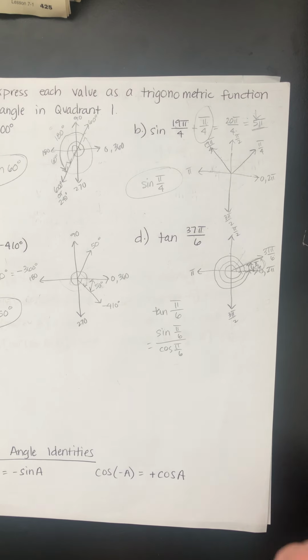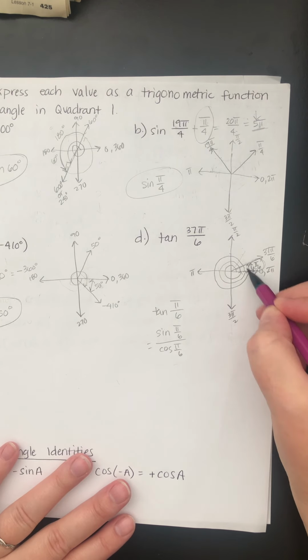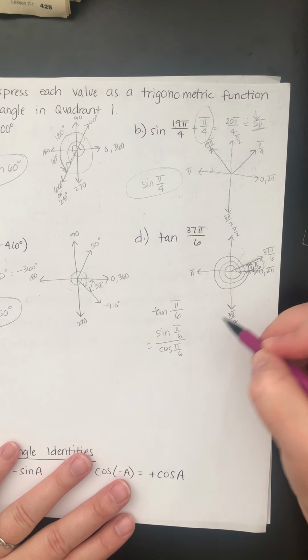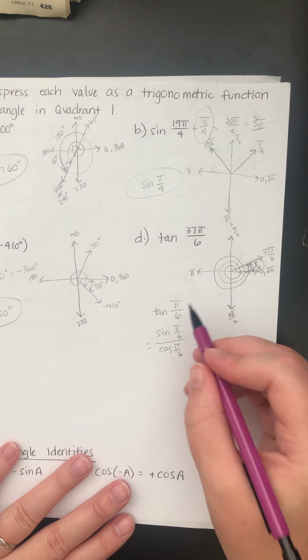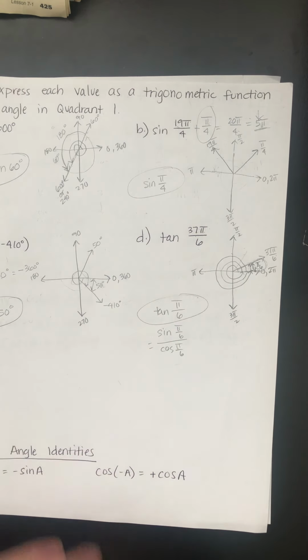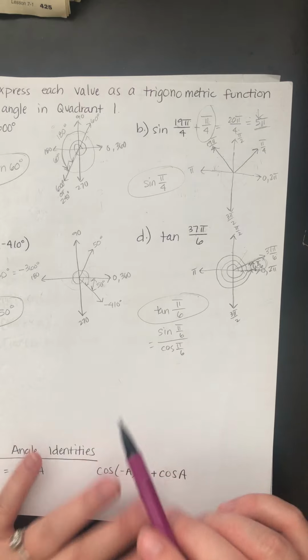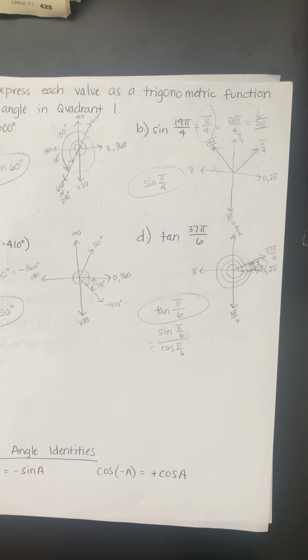But in the first case, sine and cosine are both positive because they're in the first quadrant. So we will keep our answer as the tangent of pi over 6. If sine was positive and cosine was negative, this would change to a negative tangent pi over 6.